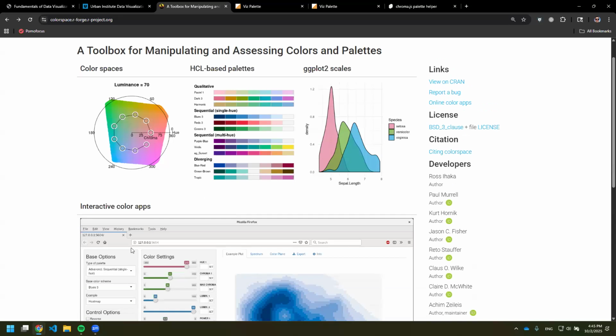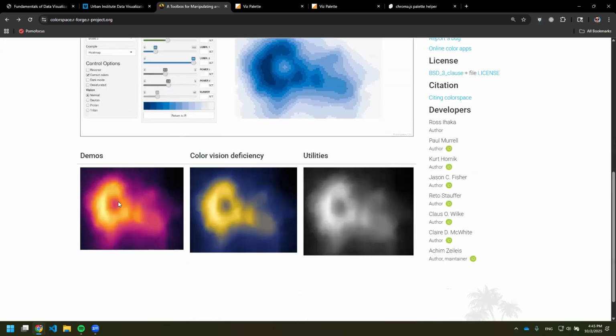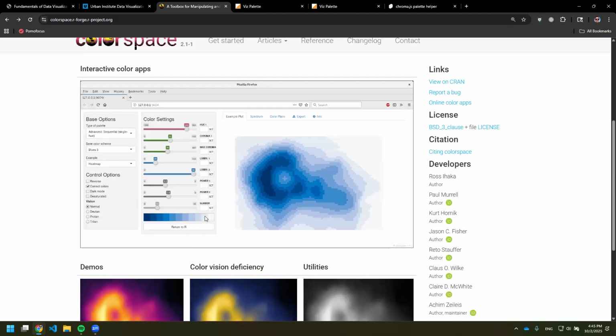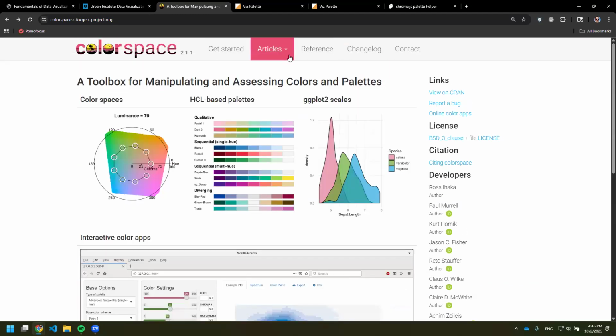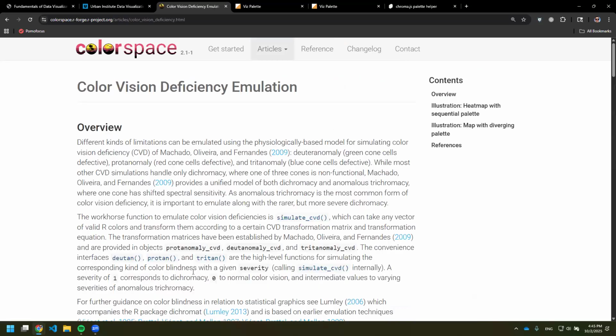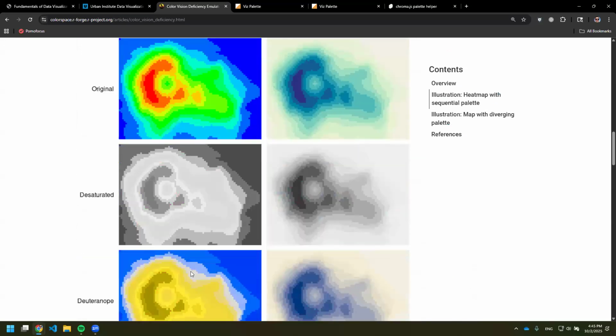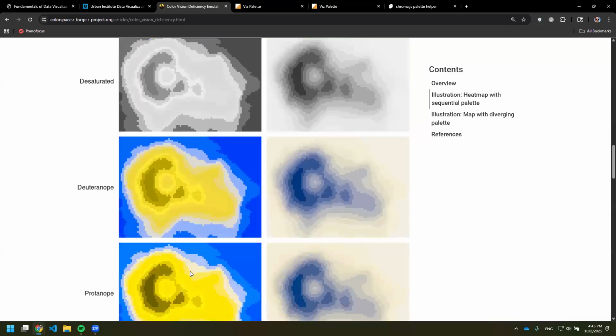What's nice about this is you can basically set your color palette, and then see how that color palette would work for people with different problems in color perception. There's a whole vignette on this, so you can emulate that case and see if your color palette is robust for those things.